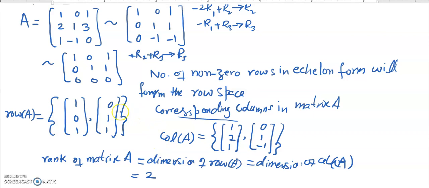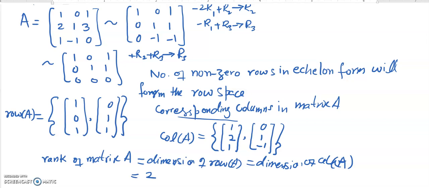Okay. The next thing which we can also determine from here is the basis of nullity.